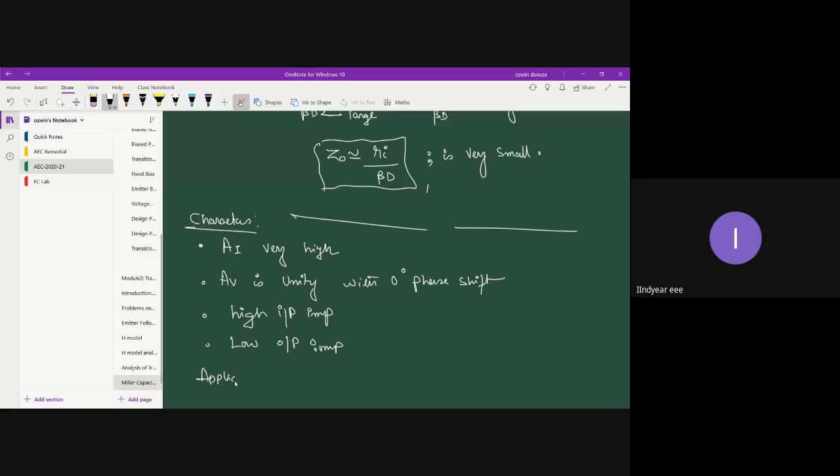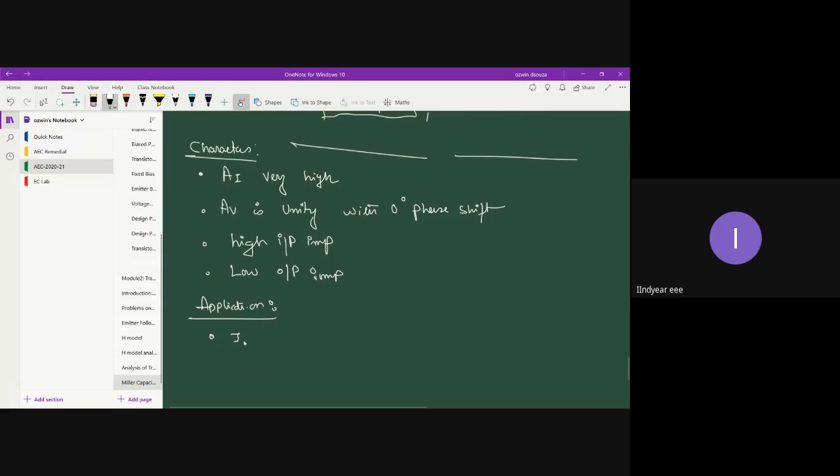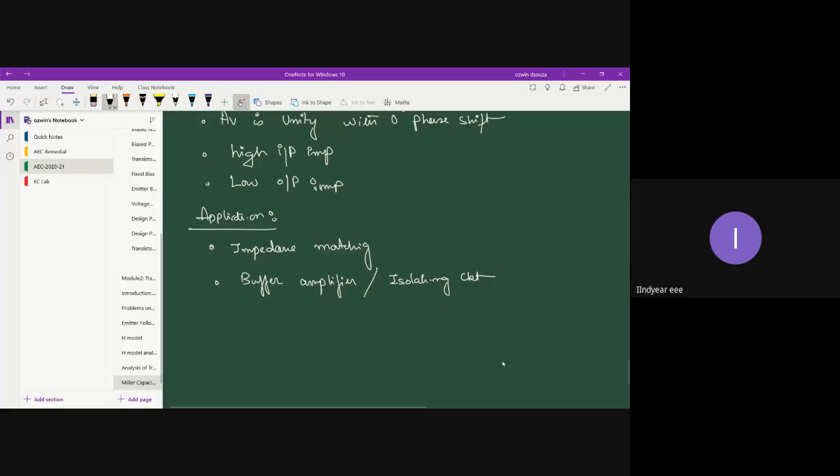The applications are something like impedance matching, just like your emitter follower. That's the first application. The second application, it can be used as a buffer amplifier. A buffer amplifier is nothing but an isolating circuit, just like your transformer. And since beta D is very high, it can be used as a current amplifier.